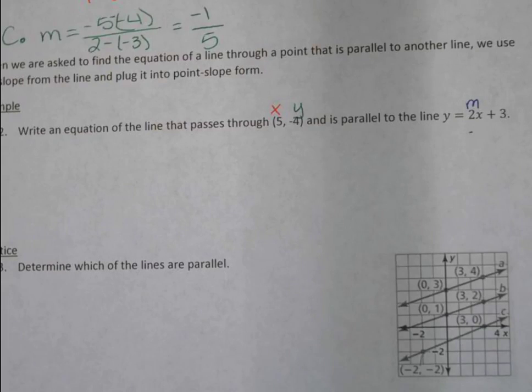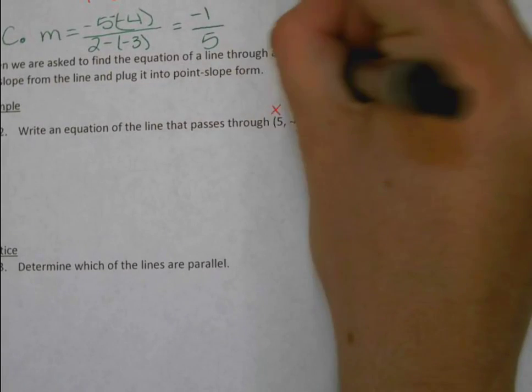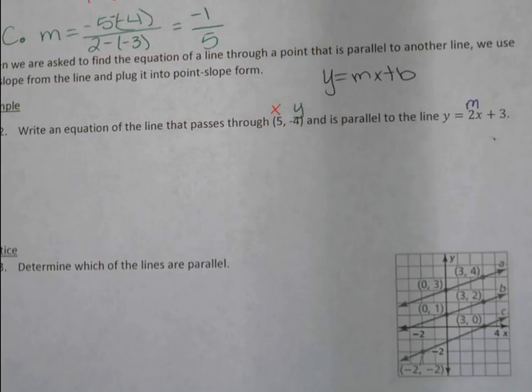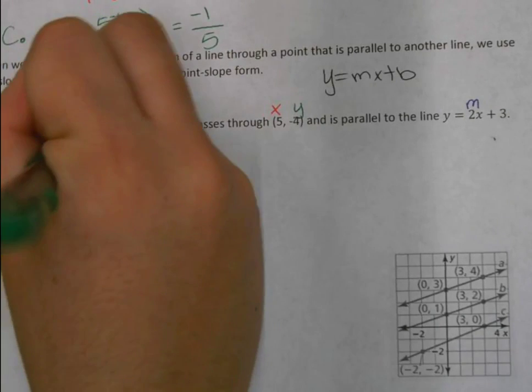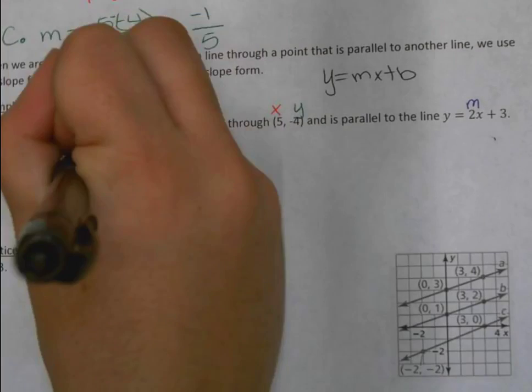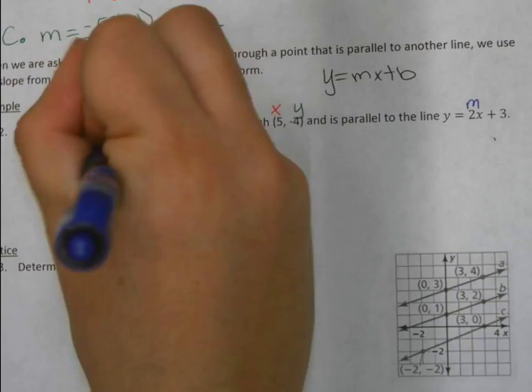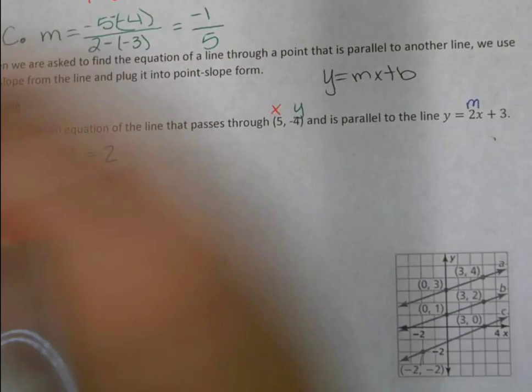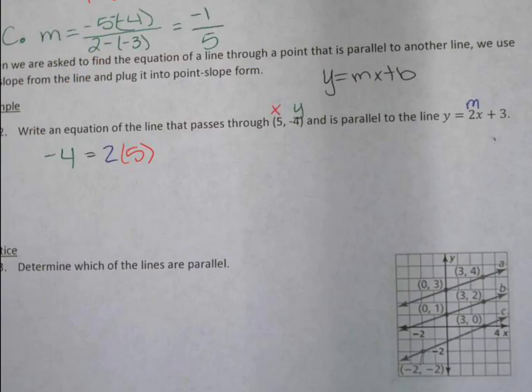So what I'm going to do this time is plug into my y equals mx plus b equation. All my letters are going to be there except for b. So my y was -4. And I equal 2 times 5 plus b.